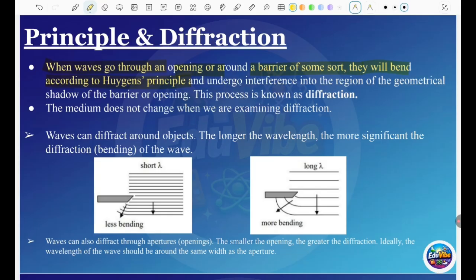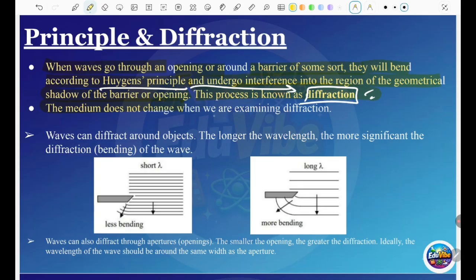The bending of waves into the region of the geometrical shadow of the barrier or opening is called diffraction. So from here, with the Huygens principle, we get to know what diffraction is.